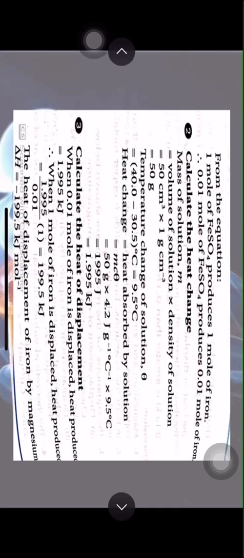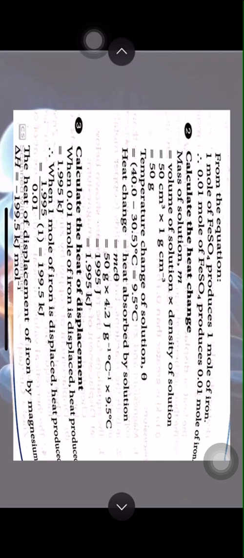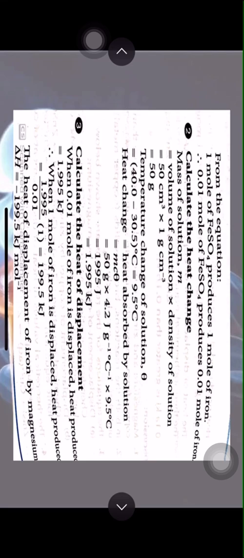And then step 2, as usual, you calculate the heat change. Mass of the solution equals volume of solution times density. So first you get the mass of the solution, which is 50. The change of temperature is 40 minus 30.5, which gives 9.5 degrees Celsius.